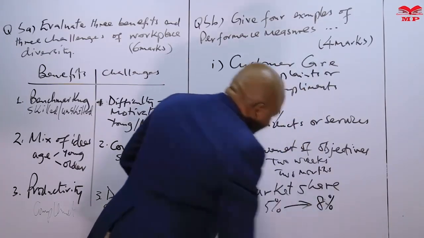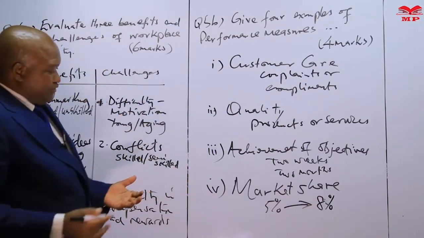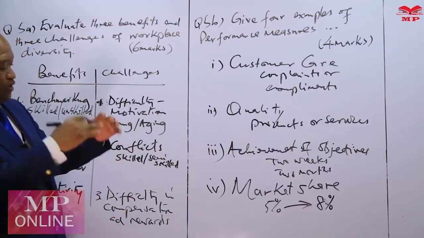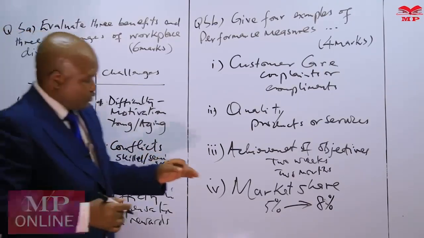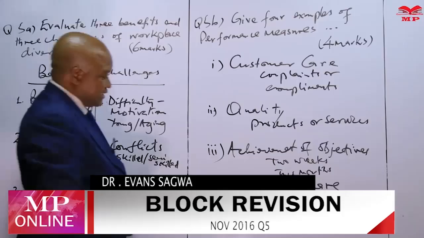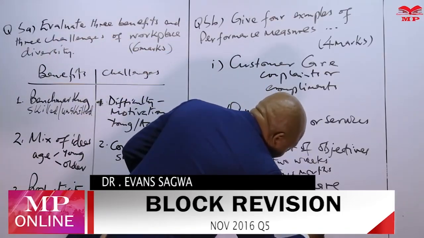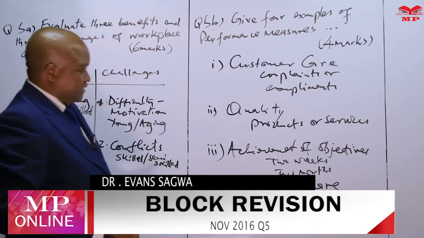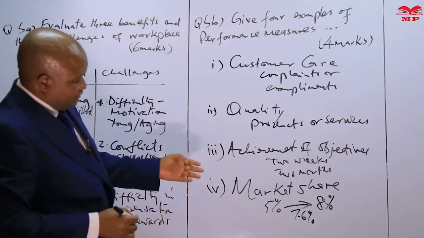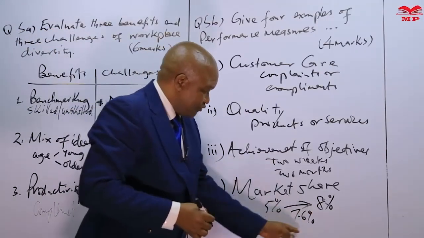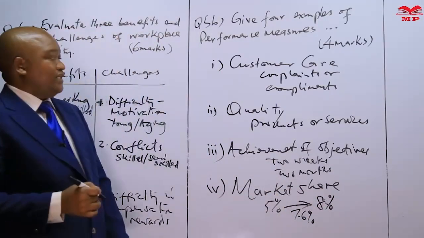So if in a given period of time, an employee or a unit or a department is able to ensure the market share that is achieved is 7.6%, then it can be said that these workers have achieved 7.6%, which is 0.4% less of what they intended to achieve.